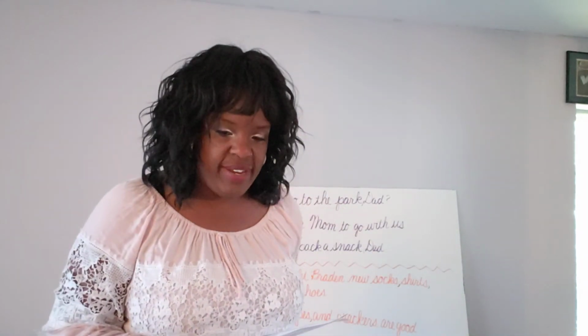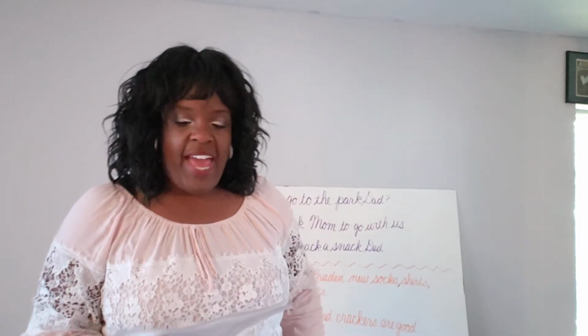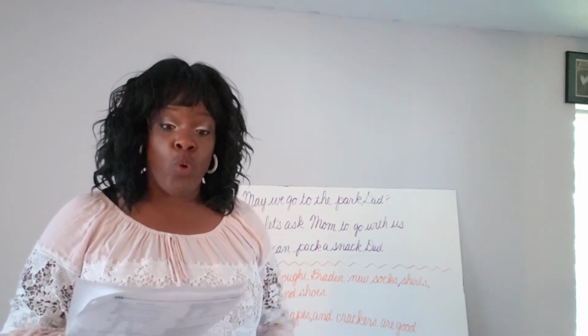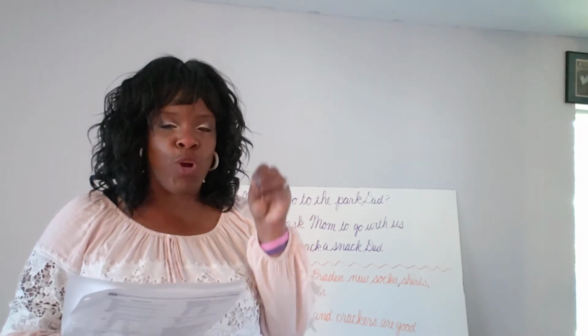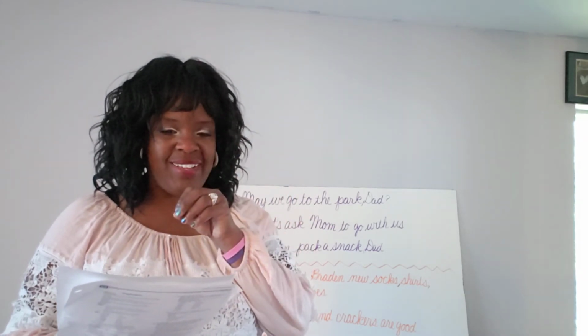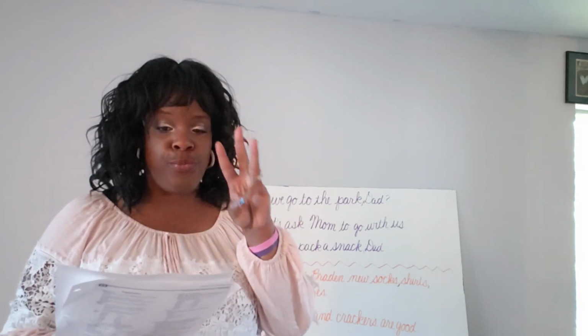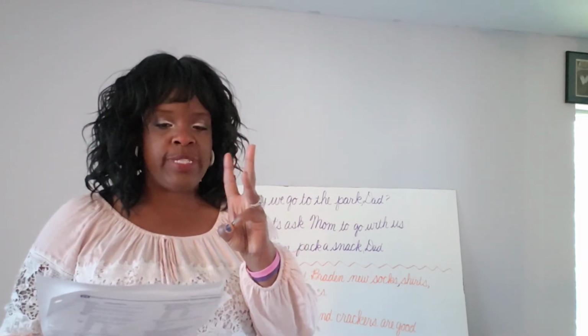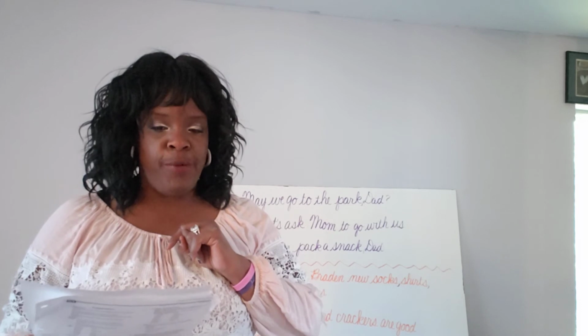All right, page 61 in your language books. Look at our box at the top where it says look closely. Use commas to separate words or groups of words in a series. A series is 3 or more similar words or groups of words written one after another.